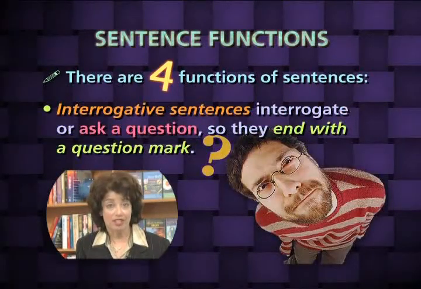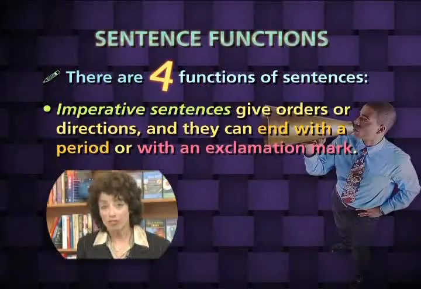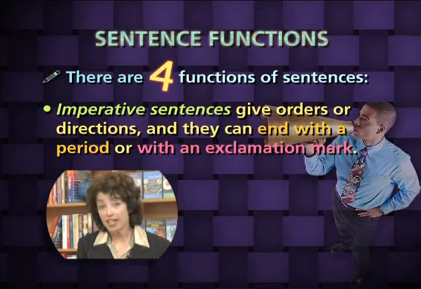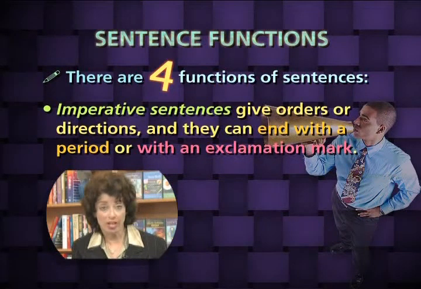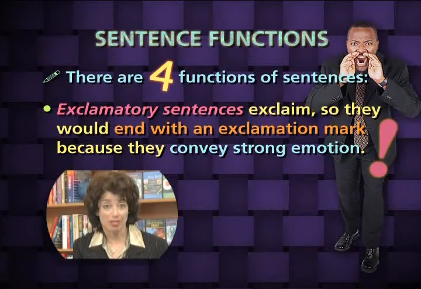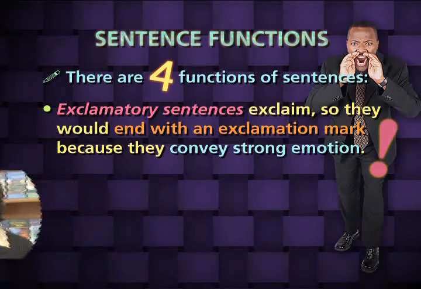Interrogative sentences interrogate or ask a question, so they end with a question mark. Imperative sentences give orders or directions, and they can end with a period or with an exclamation mark, depending on the sense. Exclamatory sentences exclaim, so they would end with an exclamation mark because they convey strong emotion.